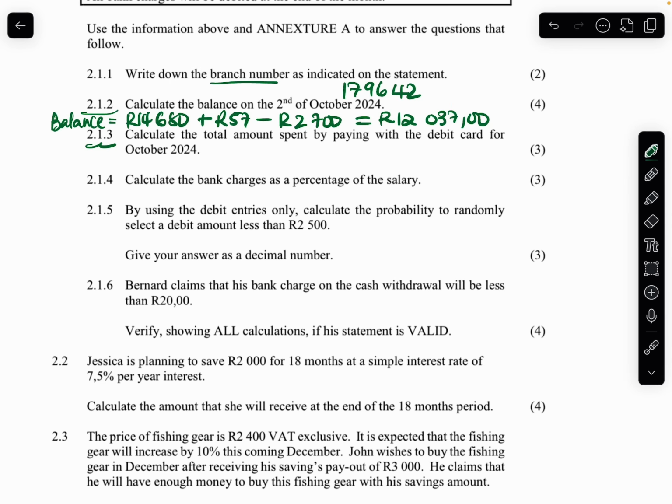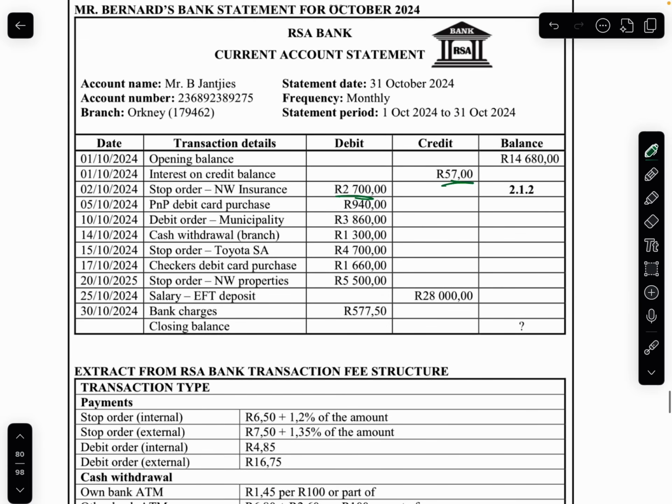Now, 2.1.3, it says calculate the total amount spent by paying with a debit card for October 2024. So we're going to look at the expenditure for the debit card. Here's the debit card first, which is 940. Here's another debit card, another debit card. Here's another debit card, 1660. There's no other debit card there. So we wanted the total amount of this.